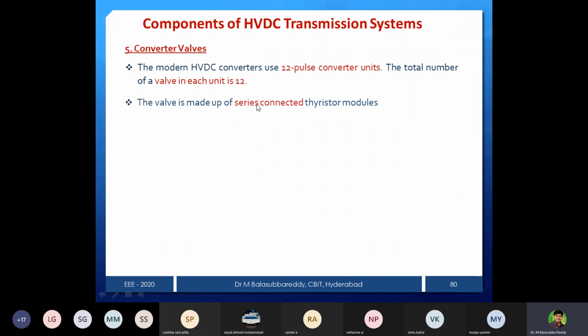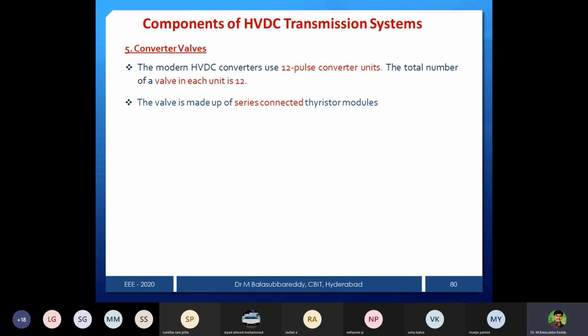But here a valve is made up of a series connection of thyristor modules, because one thyristor cannot withstand the total power capability, I mean the current carrying capability, so the load demand may not be met. That's what we discussed in the first unit of power electronics, series and parallel operation of SCR.